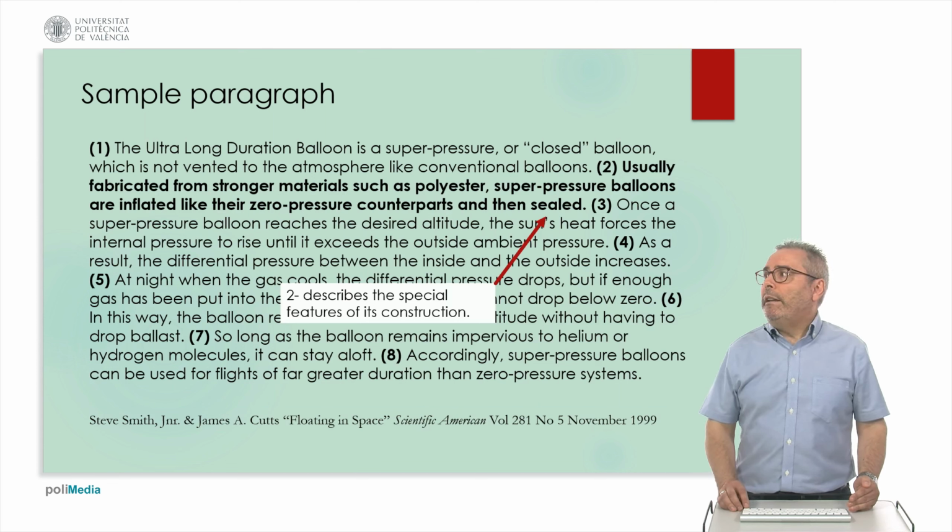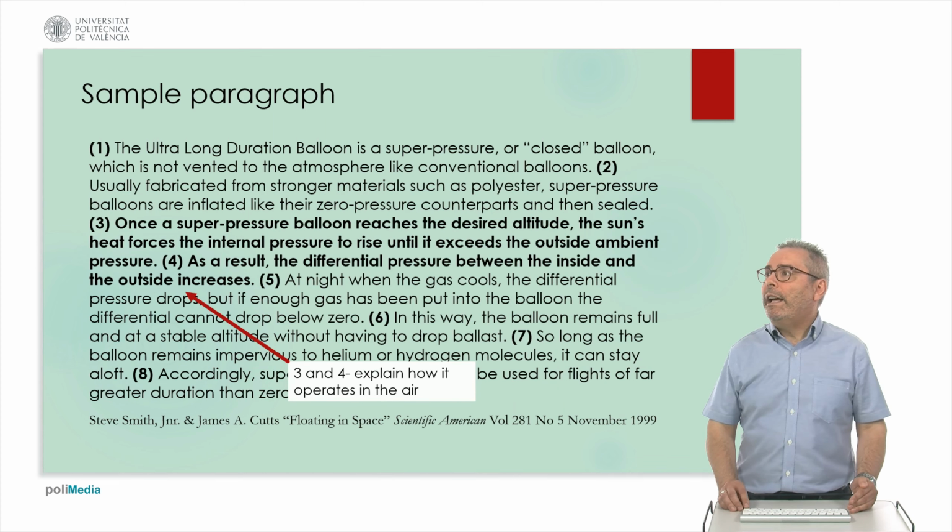For example, in sentence 2, we have a description of the special features of its construction, "usually fabricated from stronger materials such as polyester. Superpressure balloons are inflated like their zero pressure counterparts and then sealed." Then we have the following two sentences which explain how it operates in the air.